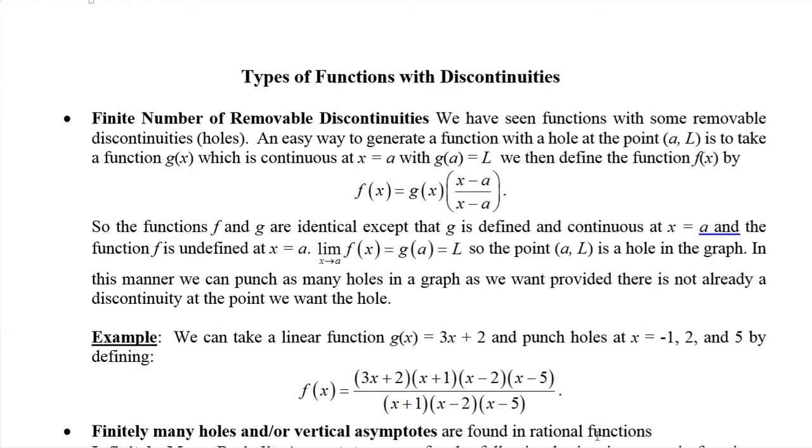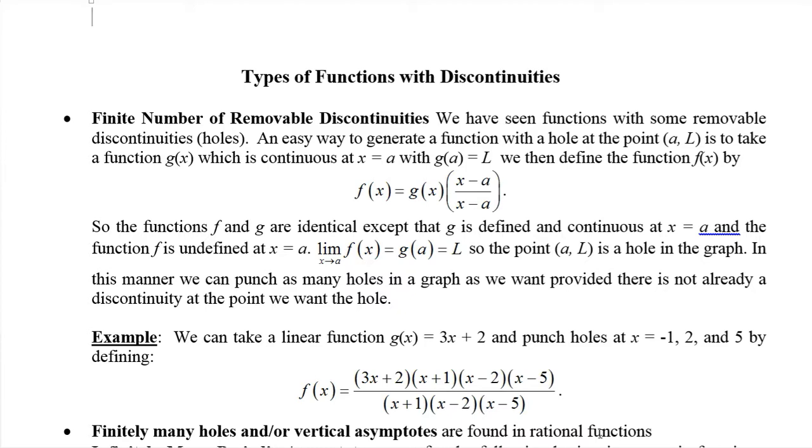We also have rational functions. In rational functions, the holes can be thought of as coming from this sort of process. So there would be a finite number of holes in a rational function, and it will have a finite number of vertical asymptotes. Now we've had rational functions that are actually continuous functions. Certainly polynomials are rational functions, and they're always continuous.